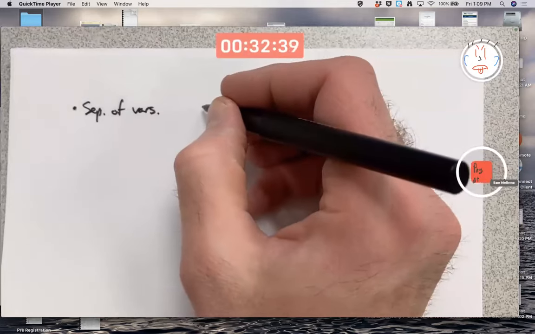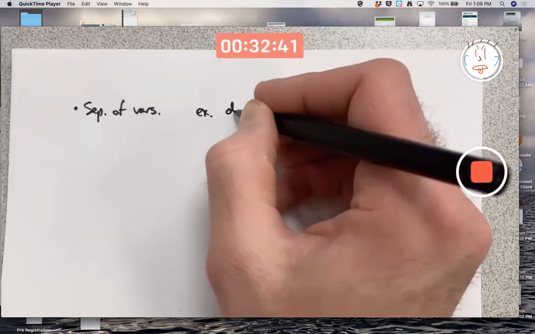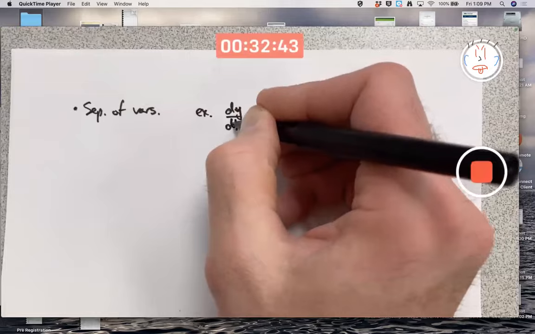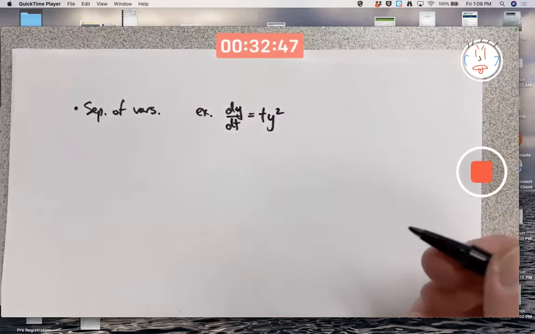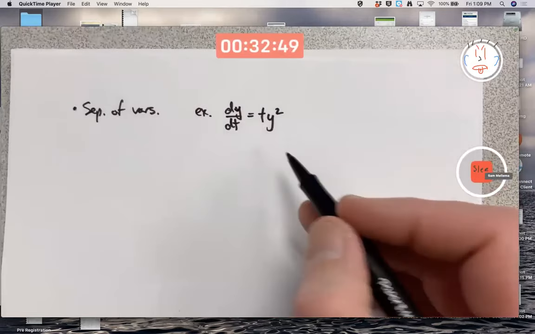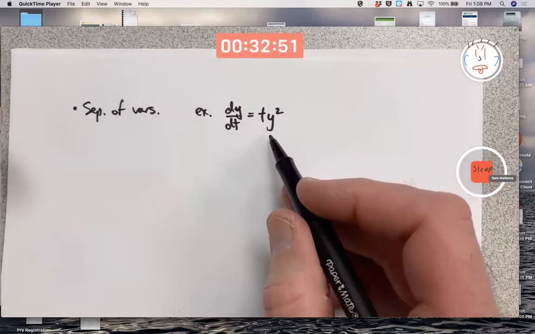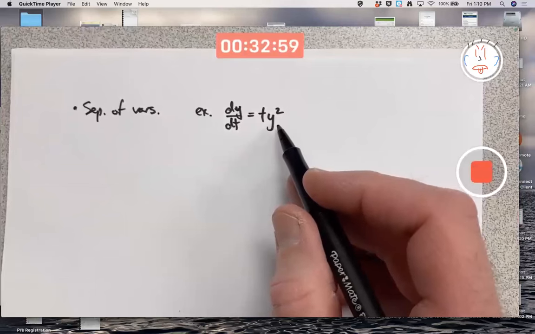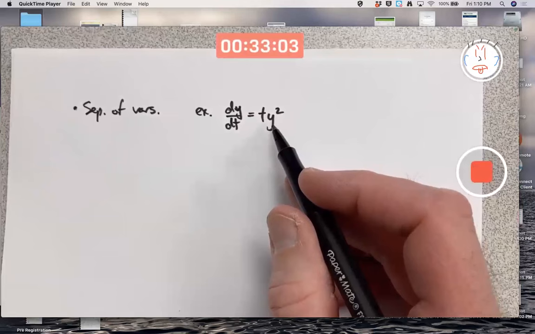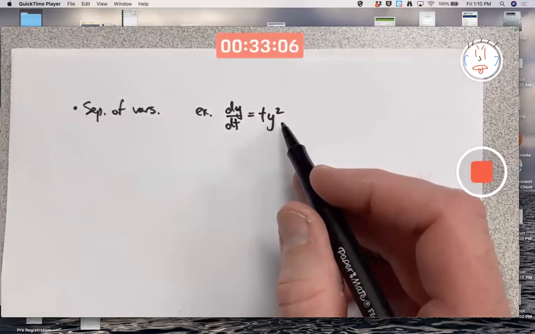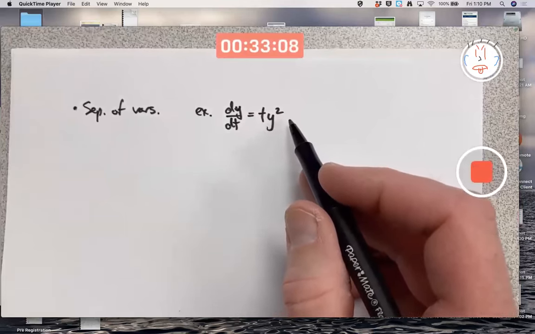For example, dy/dt equals, say, ty^2 is an example of a non-autonomous scalar differential equation because the right-hand side depends on t as well as y. And it's also nonlinear because of the y squared. It's linear in t, but that doesn't matter. It's nonlinear in y, and that's enough to call it a nonlinear equation.